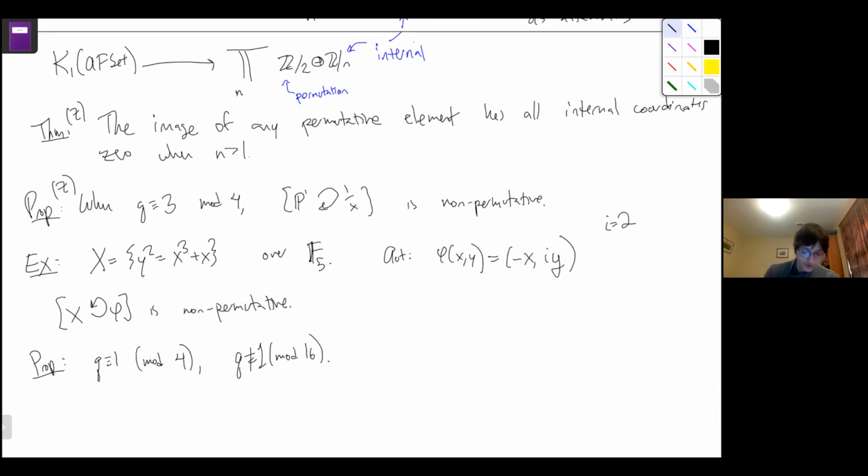So this is Q is 9, or actually it doesn't matter, Q is not 1 mod 16. Then we can take P1 and multiply by i. Now we're just multiplying by i, straightforwardly, just sort of stretching out. Then this is non-permutative.